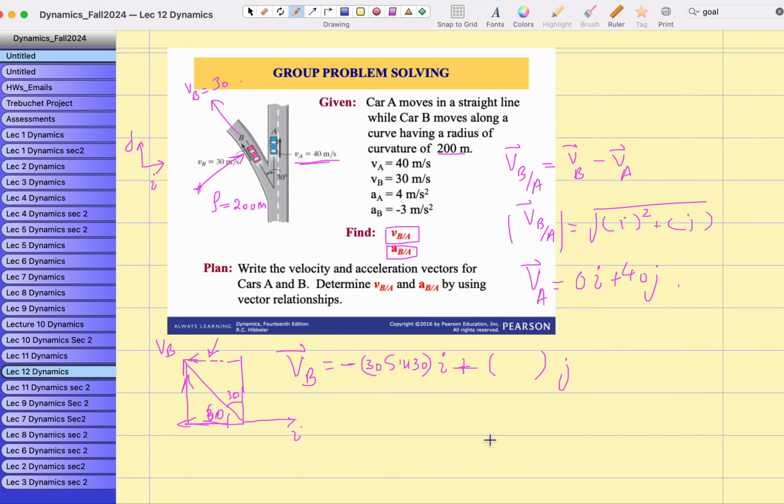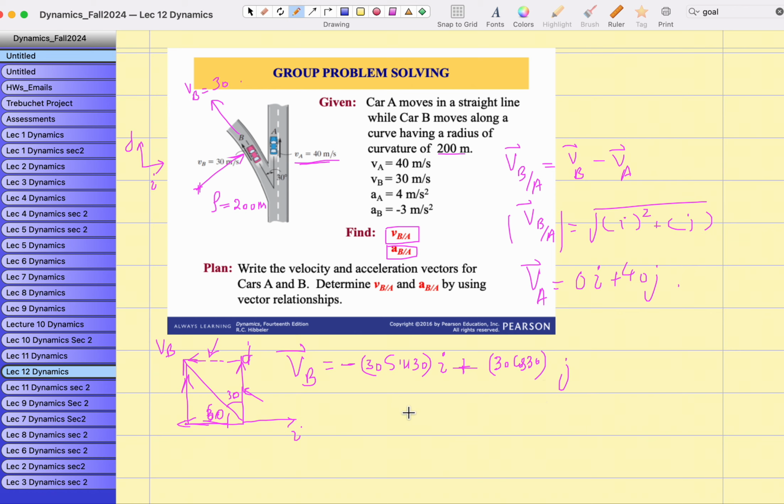You agree with me? And this side, this is along the y-axis. This is J unit vector, correct? What is this side of this vector? You will see it is positive 30 cosine 30. Either you take 30 degree or 60 degree, it would be the same answer.